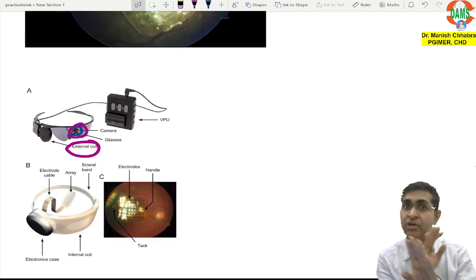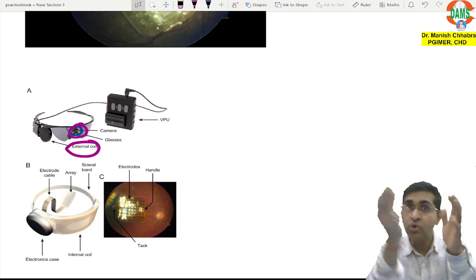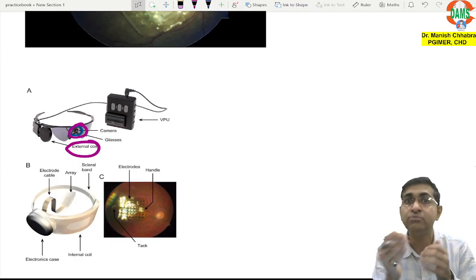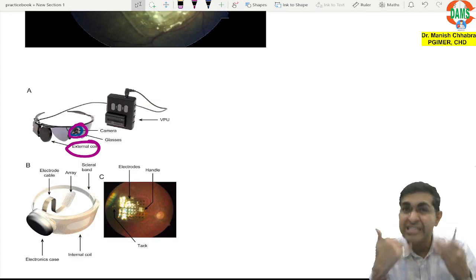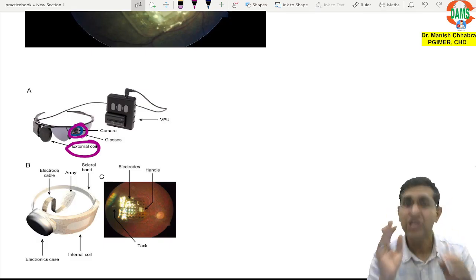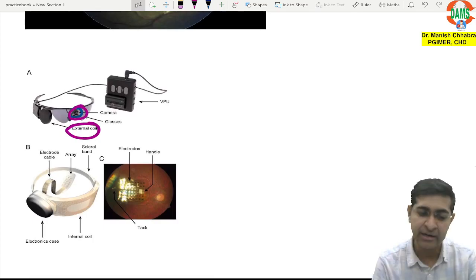Of course this will not be color vision, it will be grayish, but at least the patient will be able to identify the doors of the room or maybe a table or chair, so that the patient may at least move. The patient will be able to identify that someone is standing, but may not be able to identify the face. So it makes the patient a little self-dependent.